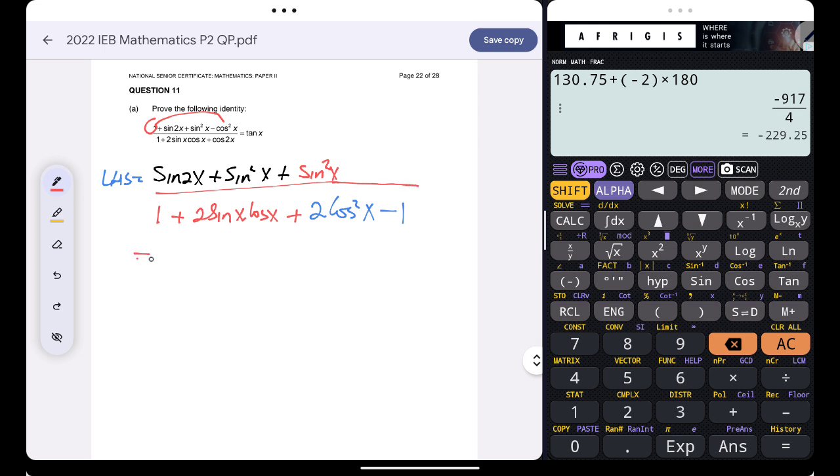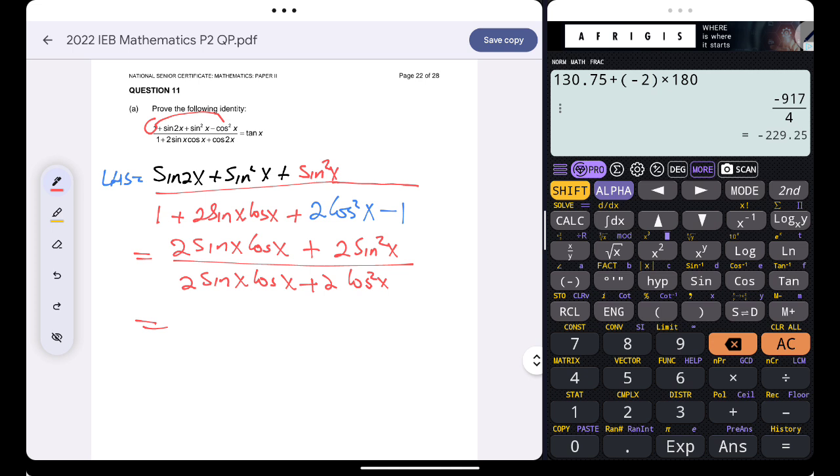Are you together? So that the ones will subtract one another there at the denominator. And then at the top I will have 2 sine x cos x plus 2 sine squared x. And then at the denominator I'll have 2 sine x cos x plus 2 cos squared x. The ones I've subtracted already.